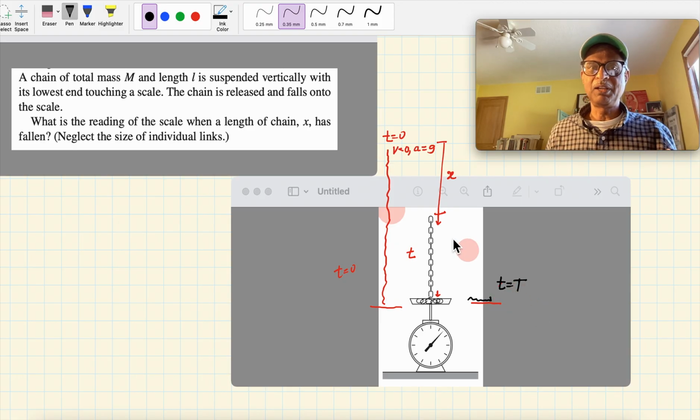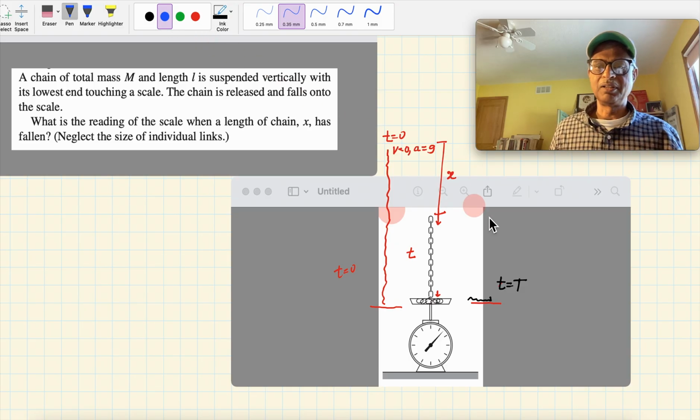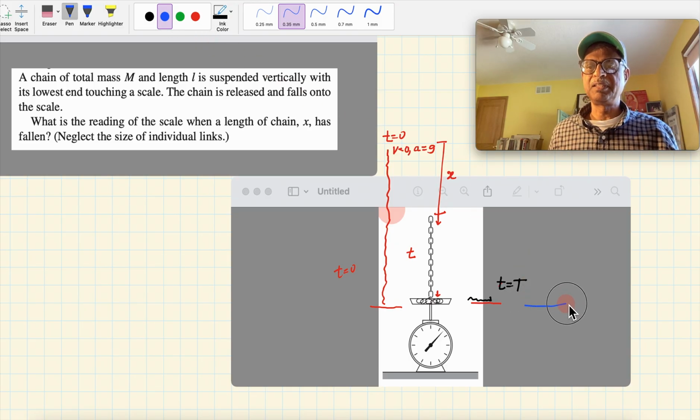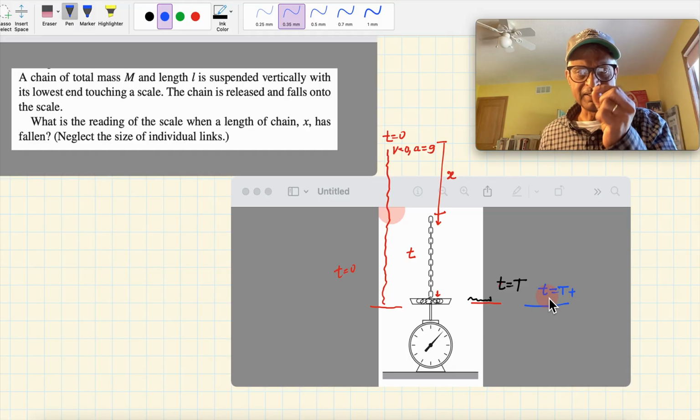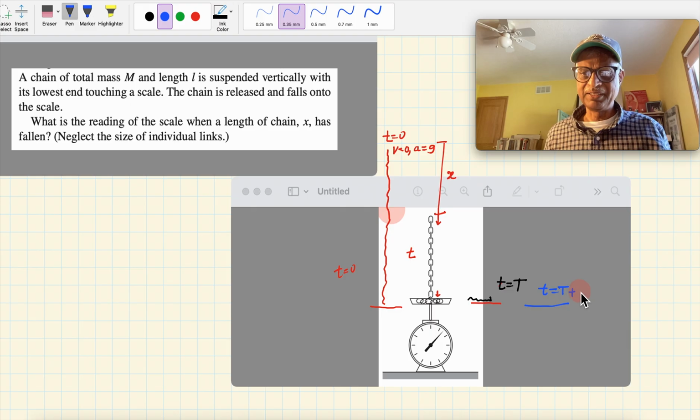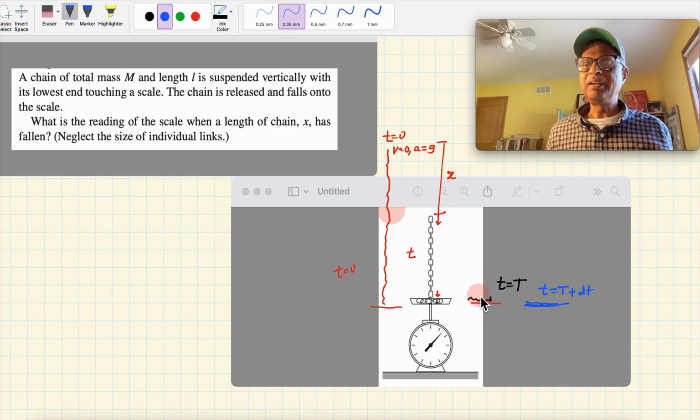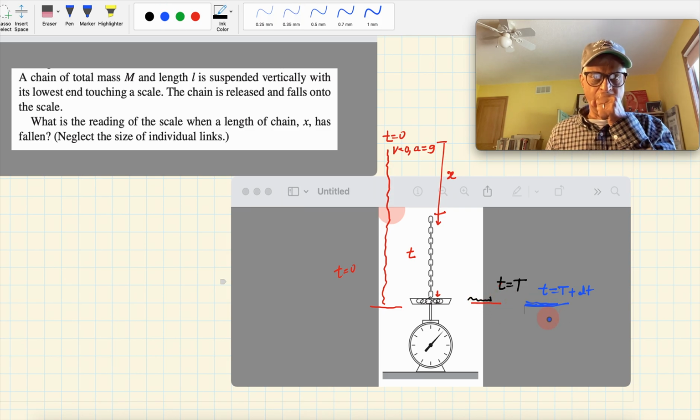And then we have a situation, t equals t plus just a tiny, let's call it dt. Of course, the chain is all here. This reading is different than that reading, okay. Excuse me.